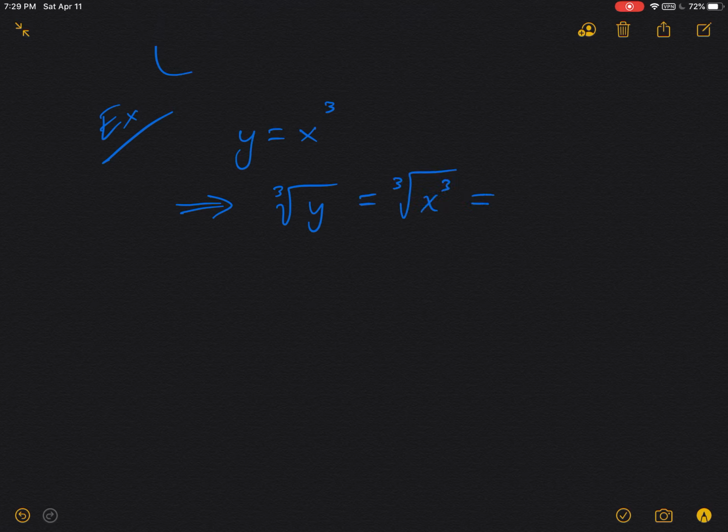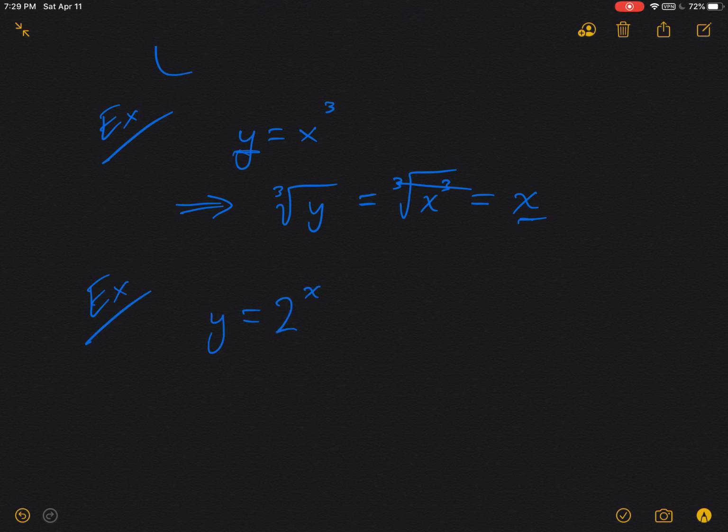So I would say that the cube root of the left side is equal to the cube root of the right side. But these operations, the cube root and the cube, those are inverse functions, and therefore these things will cancel out and I'll be left with just x on the right side. So now I've changed from the cubic form of the equation to the cube root form of the equation, and that allows me to isolate these different variables.